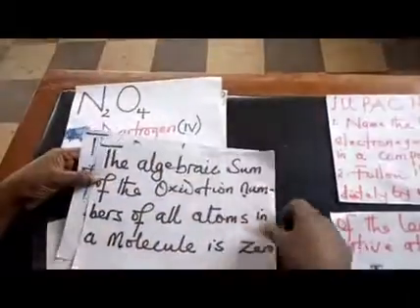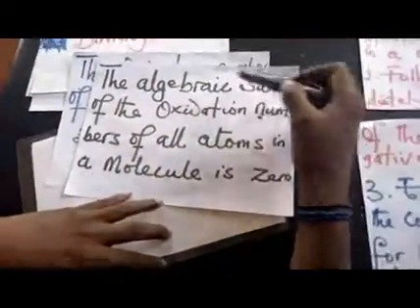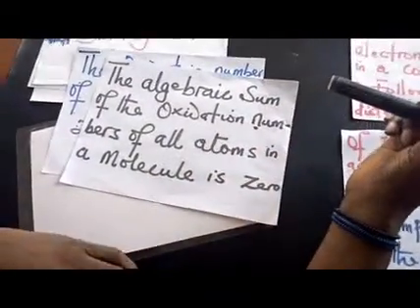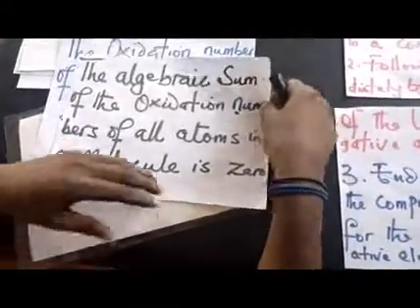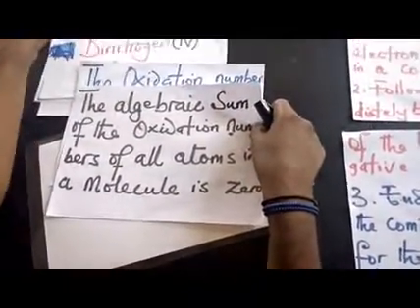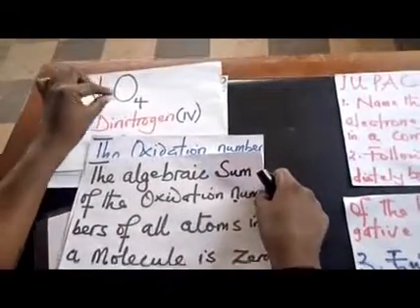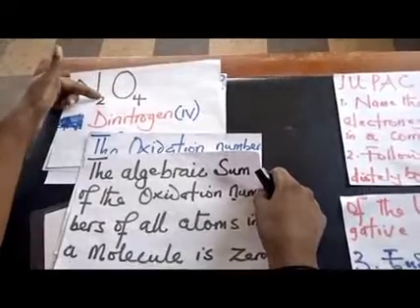This is what we do. The algebraic sum of the oxidation numbers of all atoms in a molecule is 0. That is to say, we would sum the individual oxidation number of each of these atoms and equate it to 0. This is how we do it.